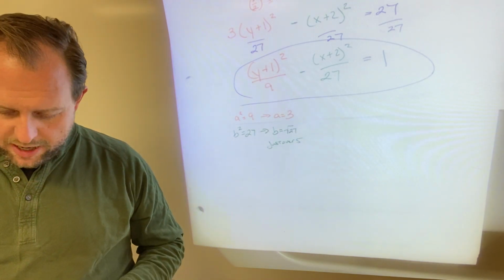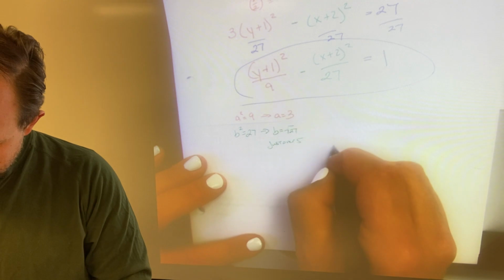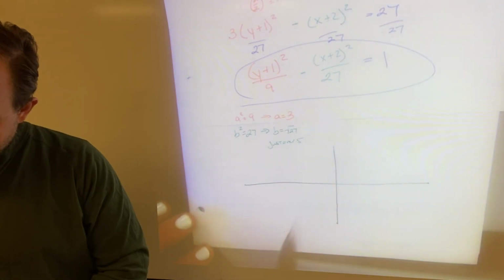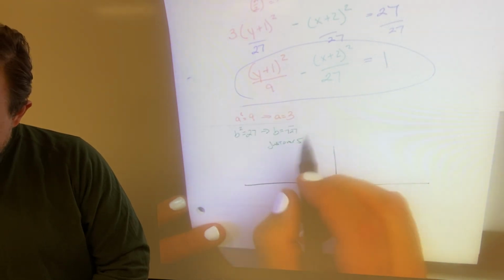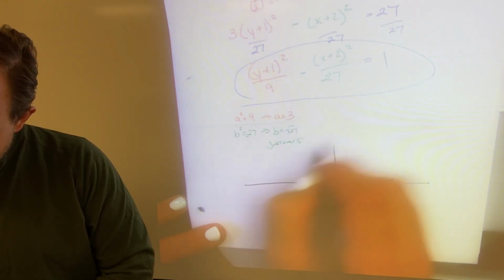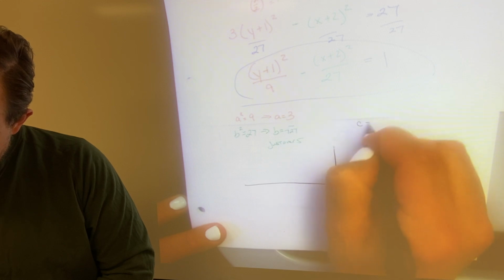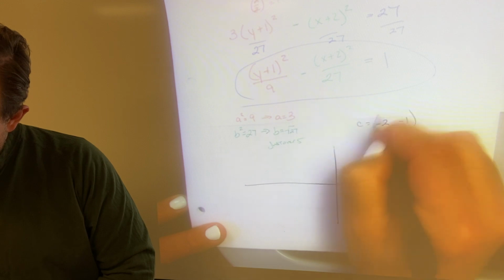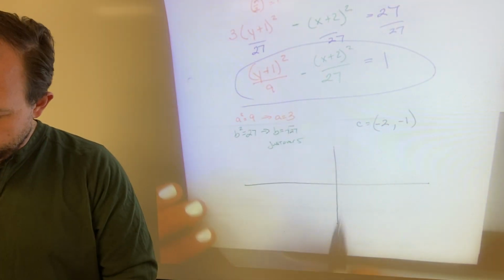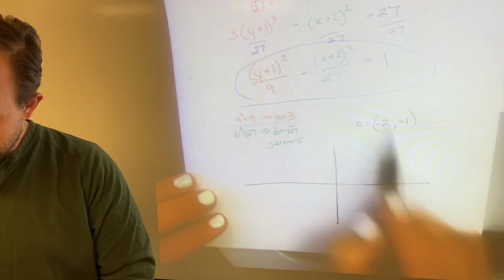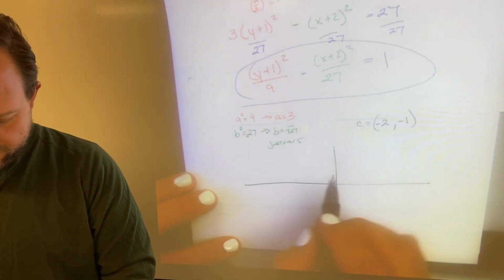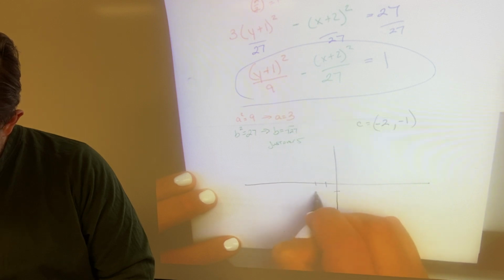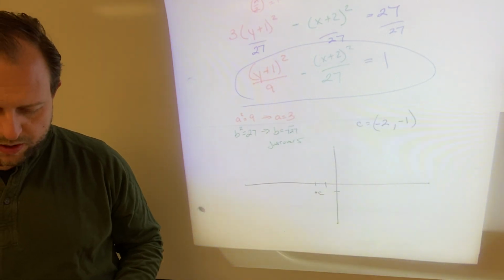Okay? My center is going to be at negative 2 and negative 1. Got to take it from the x and the y where appropriate, right? So the x term has the h, which is negative 2, and negative 1. So negative 2, negative 1 is our center.